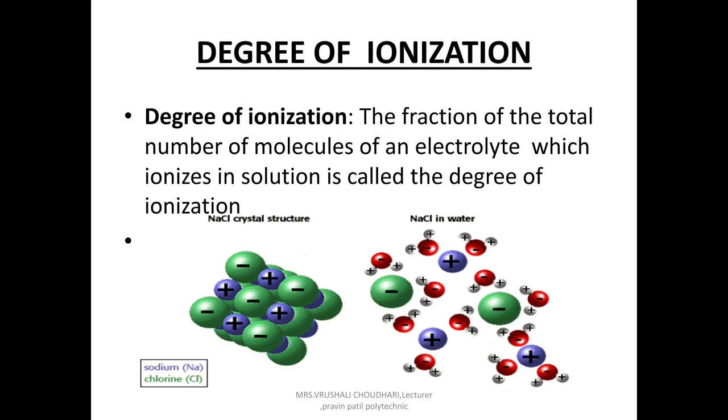By definition, the fraction of the total number of molecules of an electrolyte which ionizes in a solution is called the degree of ionization. So when NaCl is dissolved in water, it forms Na+ and Cl-, and how much Na+ and Cl- ions it forms is called the degree of ionization or fraction of molecules formed.